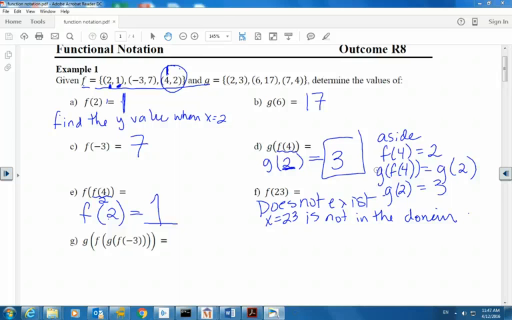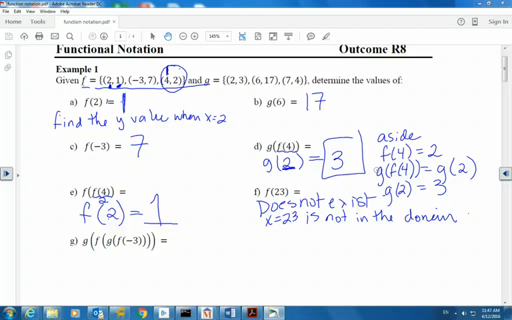Good? Okay. Awesome. Now, this last one. Holy bananas. Okay. So, this is how we read it. g of f of g of f of negative 3 equals. So really, this one's all about just keeping track, right?